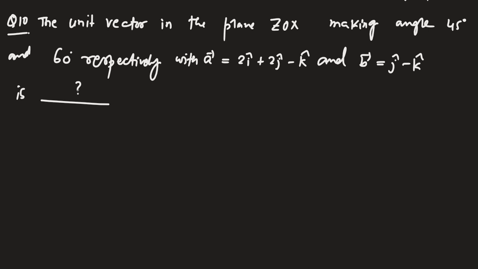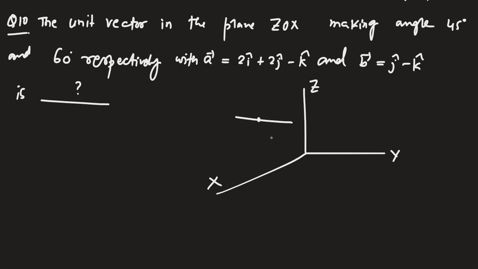One unit vector is there in the plane ZOX. Okay. So try to analyze this one. This is our x, y and z. So your vector is here, that means no y component is there.